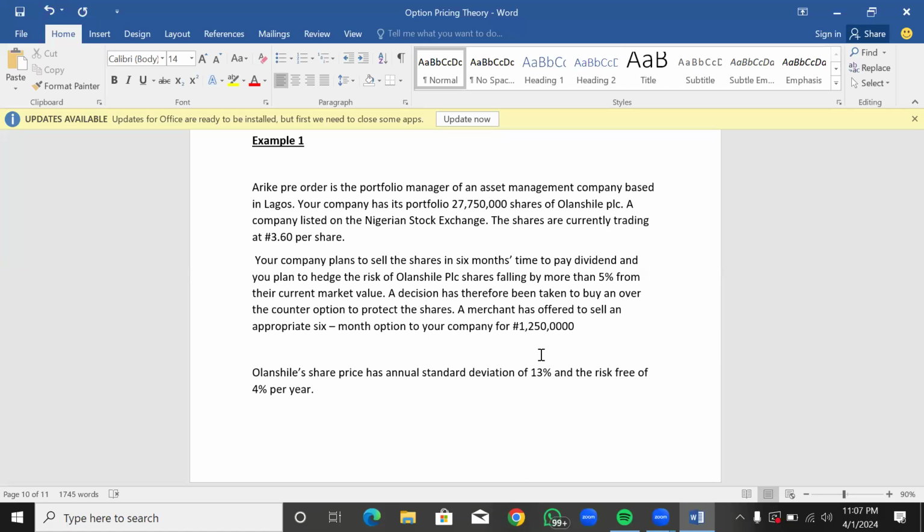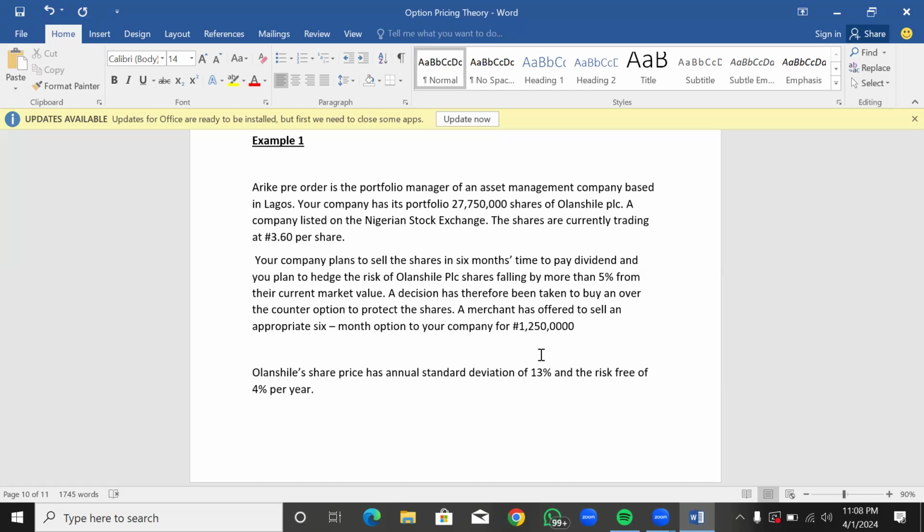Another way you can do it, if you don't understand the whole 95%: they said you don't want something to fall more than 5% of the current market value. What you do is check the 5% of the current market value and subtract it from the market value. When you hear fall, you should know that it is coming down.